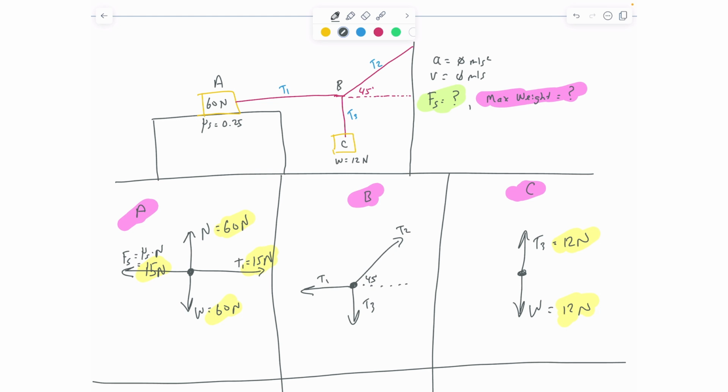So what we can do is break this up into this component and this component. The red is T2 times sine 45, because this is the opposite. And the blue is T2 cosine 45. Now here's the thing.